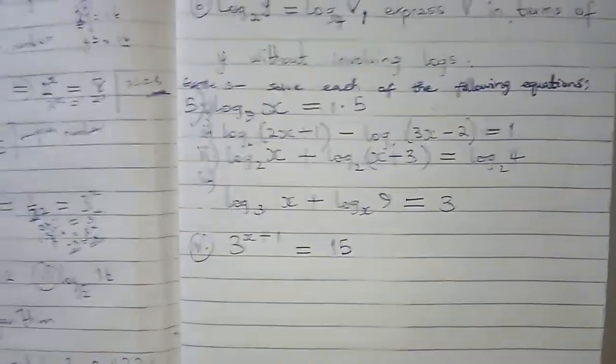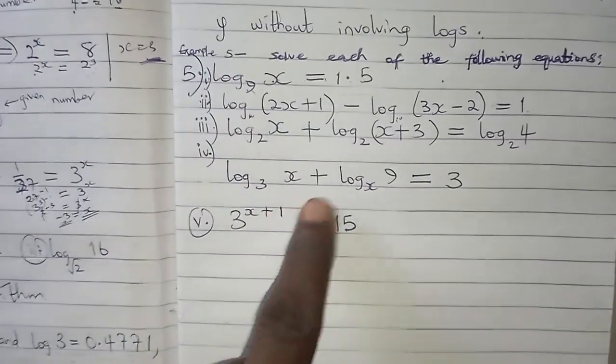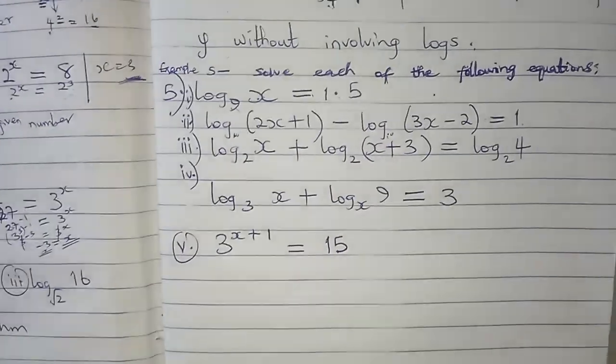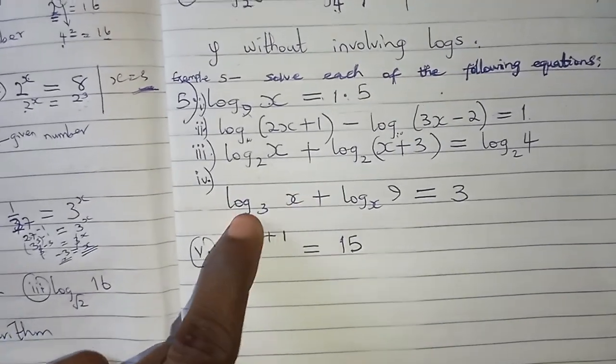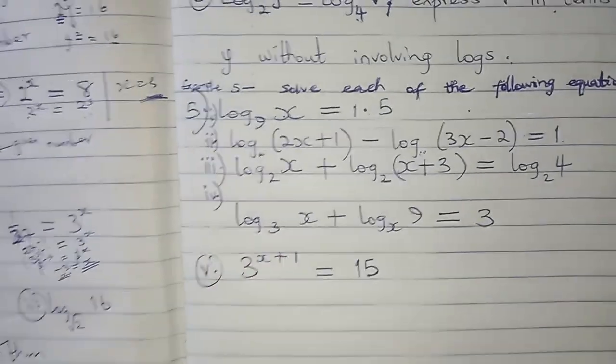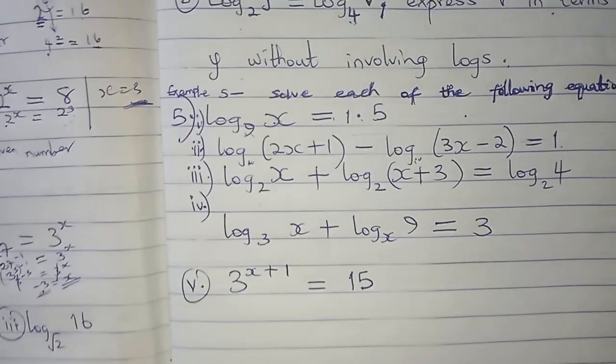Alright, let's go to this one. They said log 3 of x plus log 9 to base x. Sorry, log x to base 3, then log 9 to base x is equal to 3.